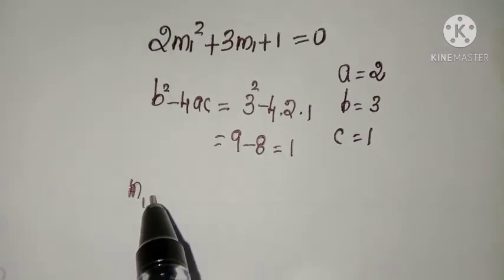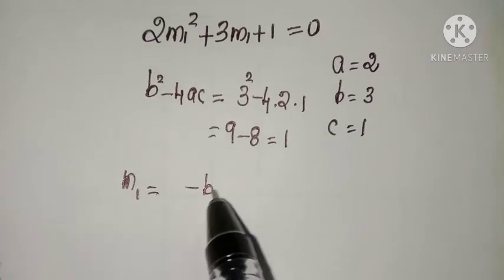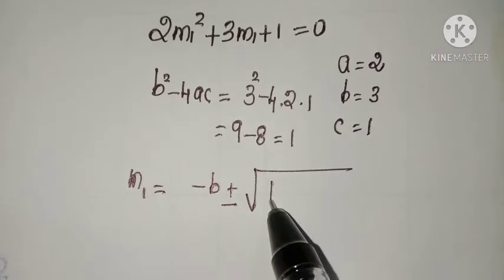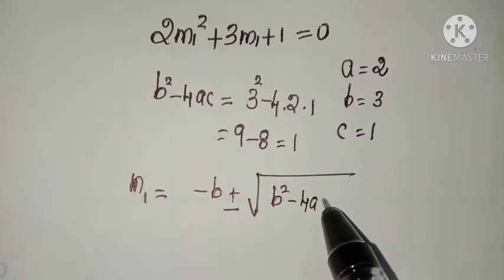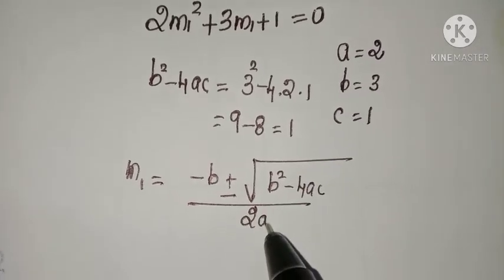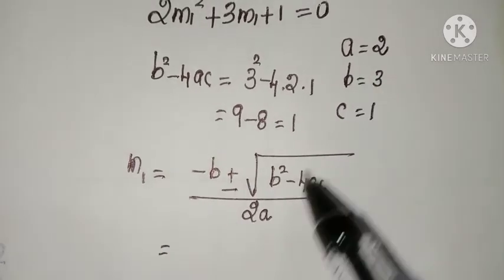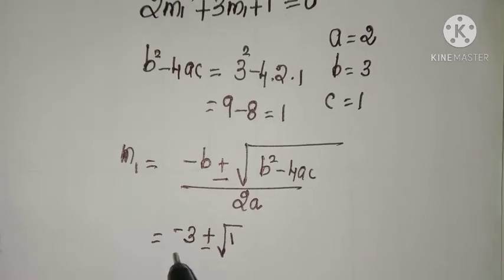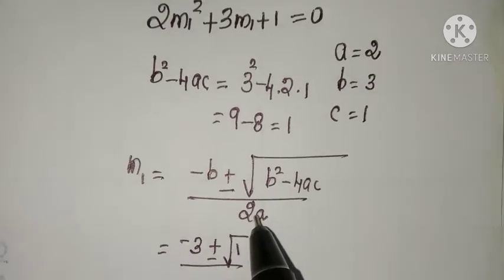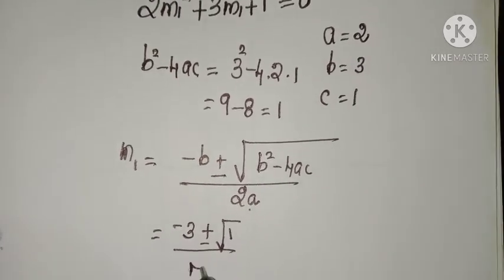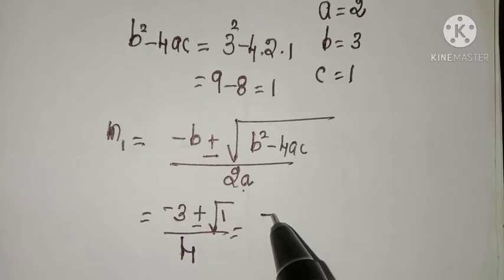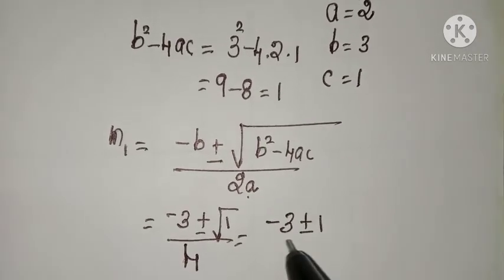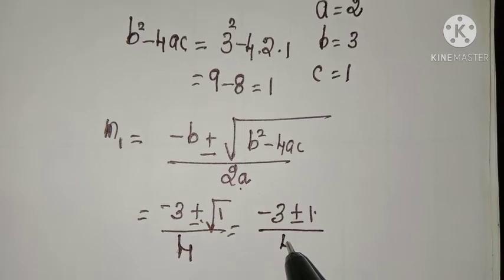So the solution m1 is minus b plus or minus root of b square minus 4ac whole divided by 2a. So put all these values here. Minus 3 plus or minus root of 1 by 2 into a, 2 into 2, 4. It is minus 3 plus or minus 1. Root of 1 is 1, by 4.